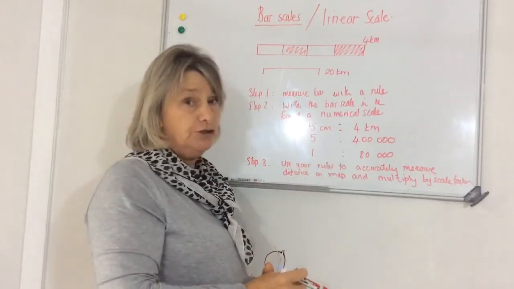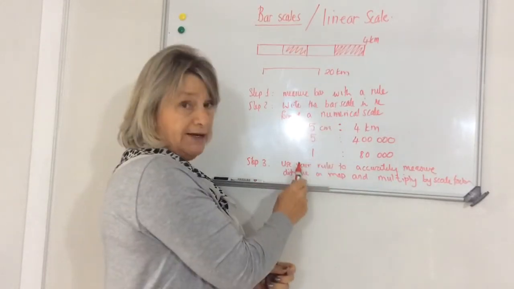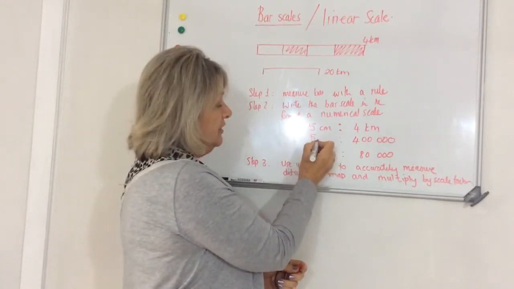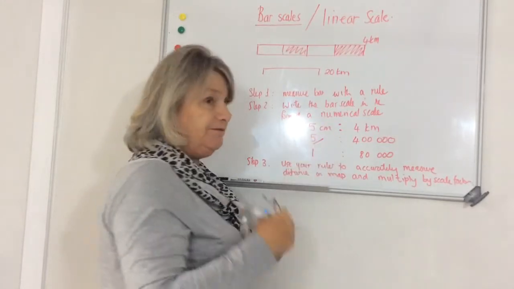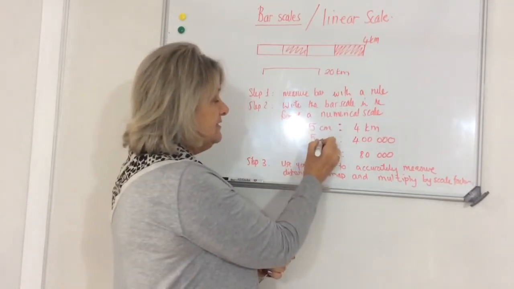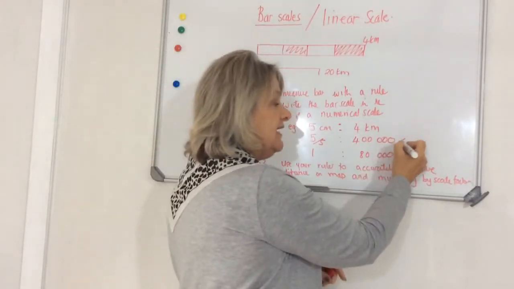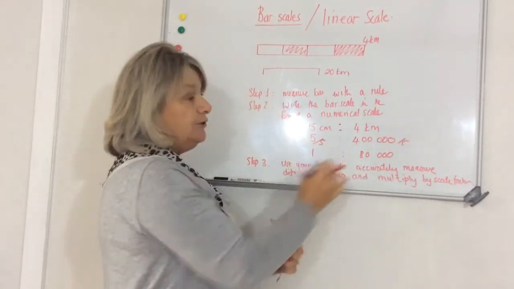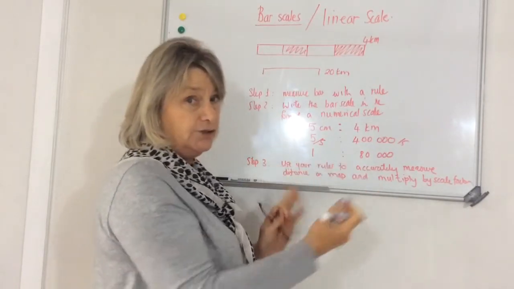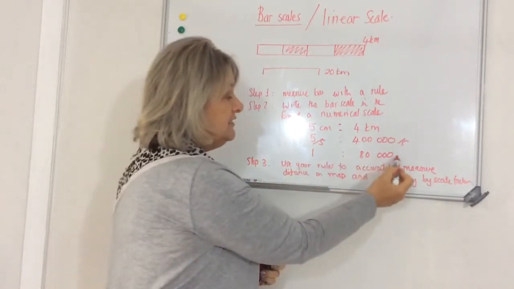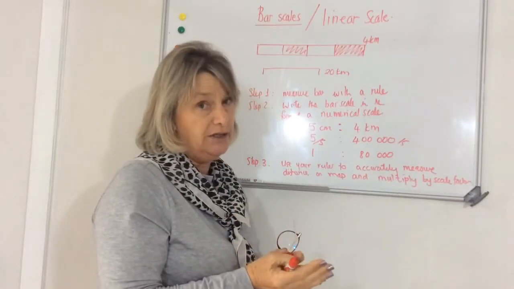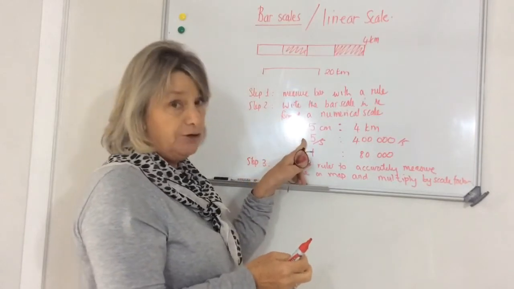Then you're going to bring it to unit form where you want 1 on this side. So you will divide by whatever number you have on the left. It could even be 5,19 or 3,2, whatever number is here, divide by it and do the same on this side. And then you will get your numerical scale, in unit form, 1 is to something. Now, if this is a decimal, then please round to the closest whole number, because very often this might not be a round number.